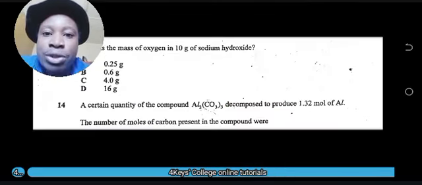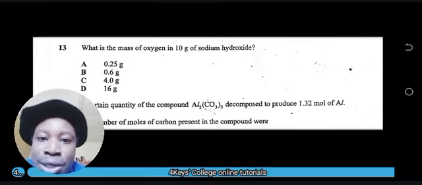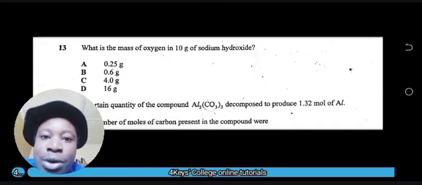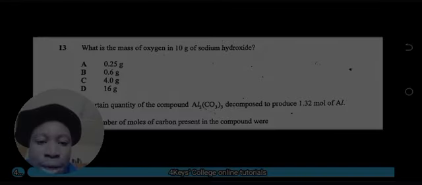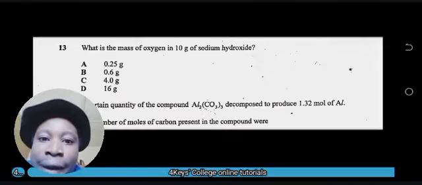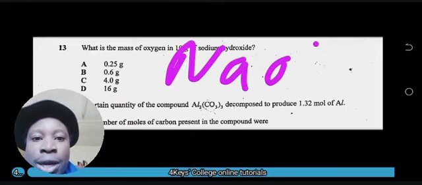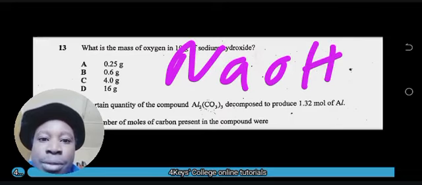Let's look at a typical ZIMSEC question. This question asks you, what is the mass of oxygen in 10 grams of sodium hydroxide? So you need to go about it in the same manner where you need the formula here. So our sodium hydroxide is NaOH. If you look into that formula, you realize that you only have one atom of oxygen.